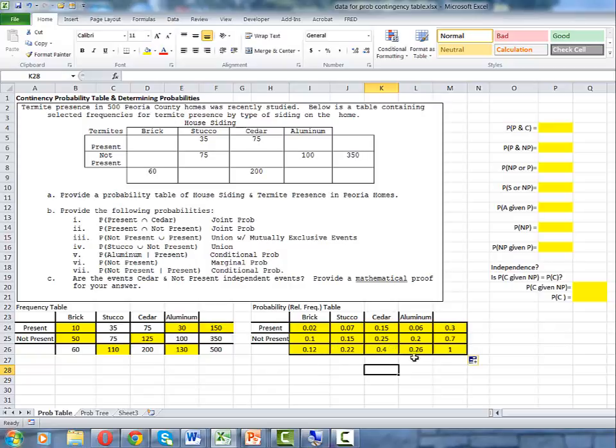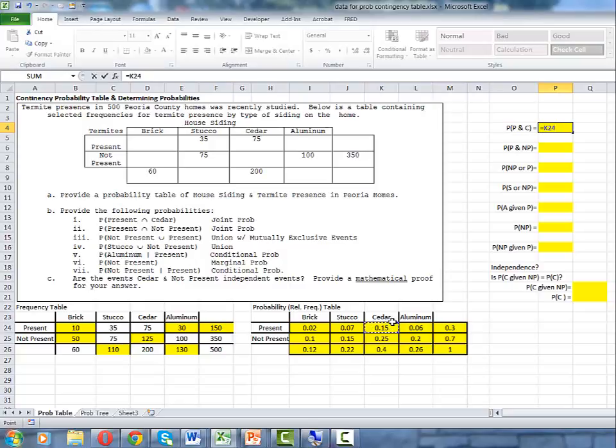And what we'll do is use this to answer these various probability statements. So for example, the probability that termites are present, and remember this symbol is "and", the home is cedar. That's a joint probability. So that one's basically given to us, cedar and present.